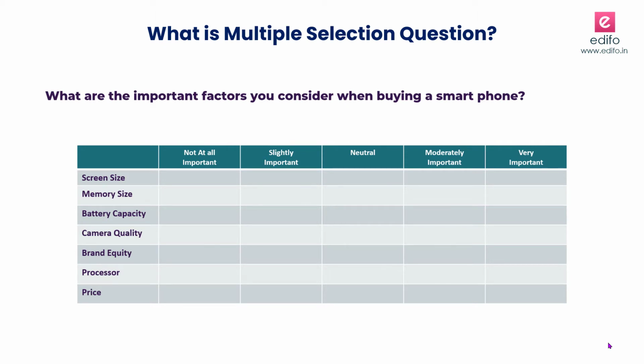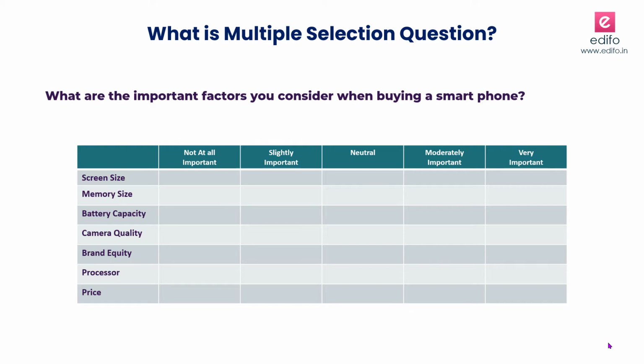The same options, but given in a 5-point scale: not at all important, slightly important, neutral, moderately important, very important. This way, we can convert the multiple selection question into Likert scale questions.